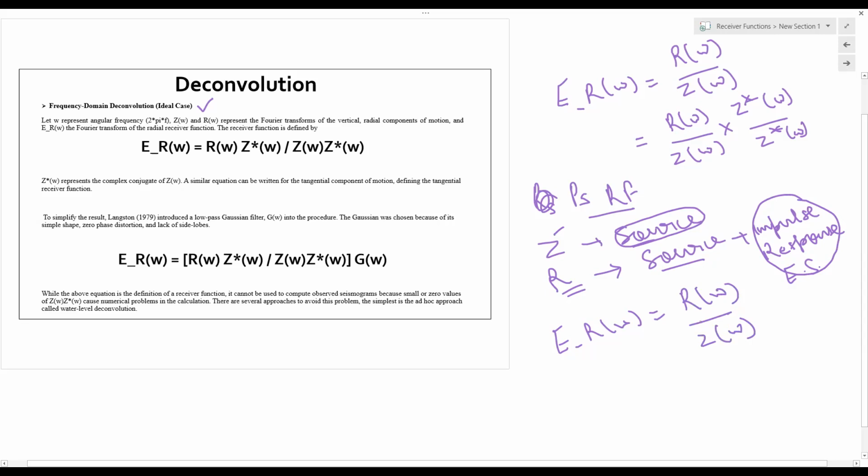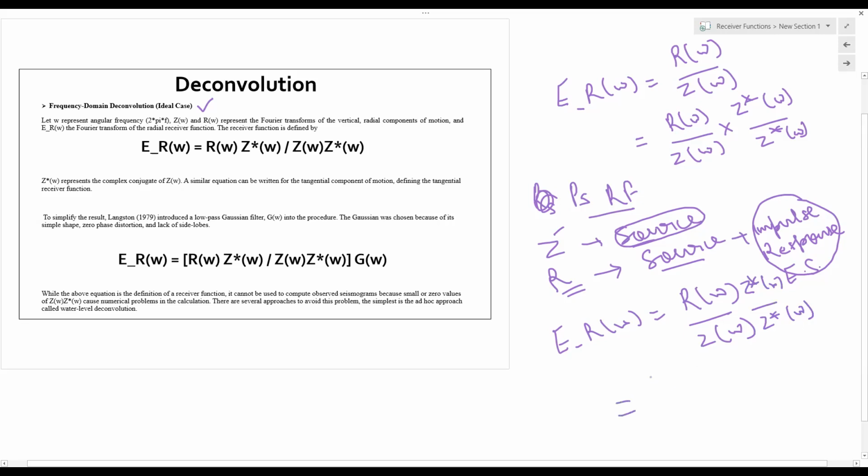And also, Langston devised this technique in 1979, and he simplified his results by incorporating a low pass Gaussian filter into the deconvolution technique.